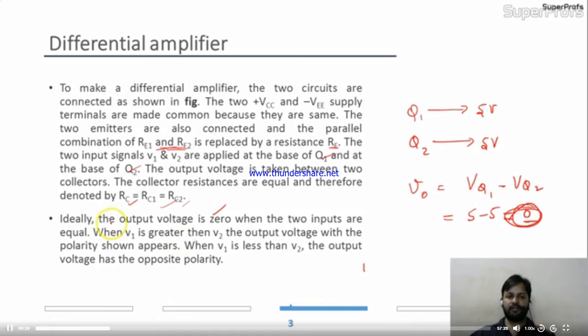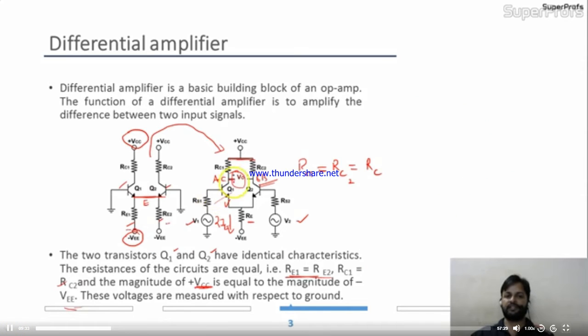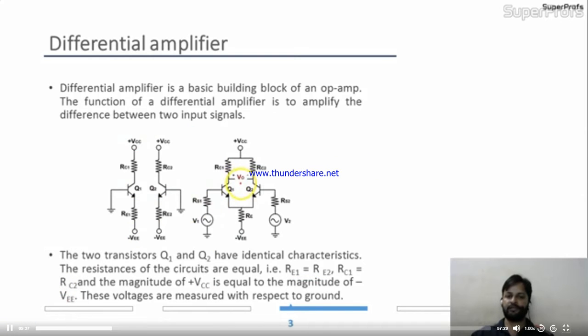So ideally the output voltage is 0 when the two inputs are equal. When V1 is greater than V2, the output voltage with the polarity shown appears. See, if V1 is greater over here, definitely the polarity will be given in this way only. V1 is greater, so the output VQ1 this time is, suppose, 6 volt because V1 is greater.